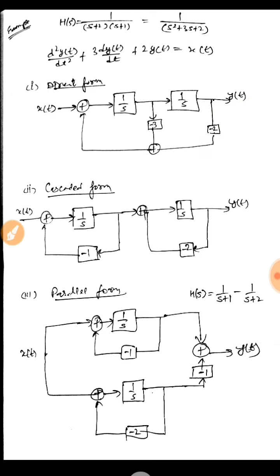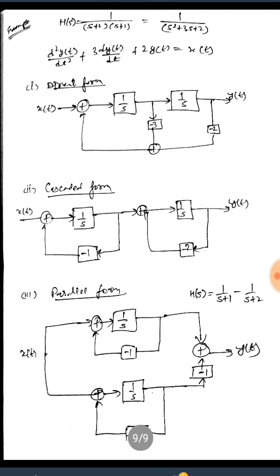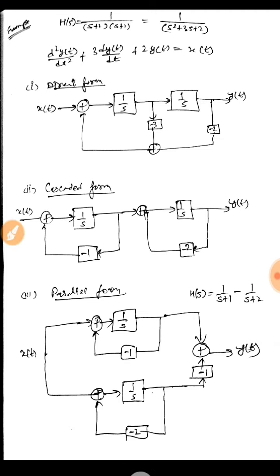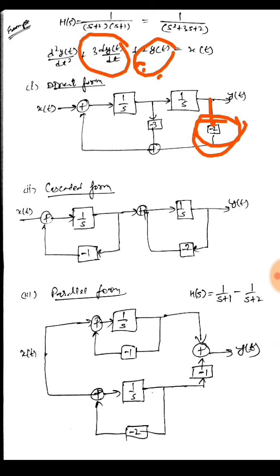If it was -2 over there, then I would have taken +2. Similarly for the first derivative the coefficient is 3, so it will be multiplied by -3, because here I am taking the first derivative.